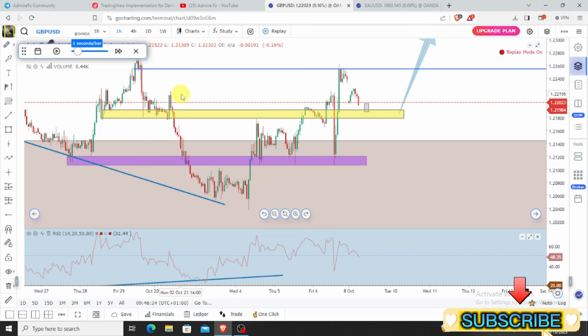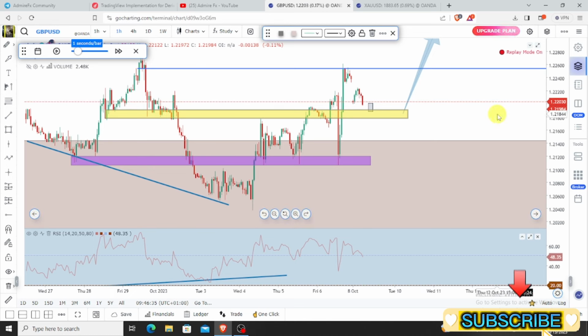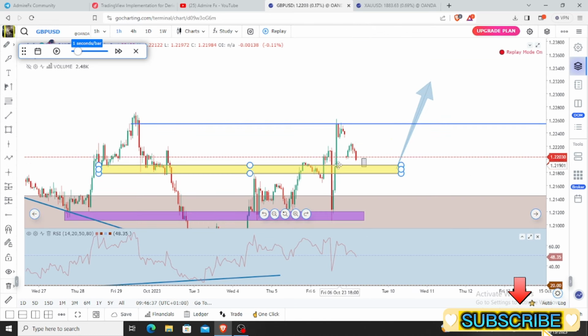So next thing was to just wait for price to open, market open on Monday or Tuesday, whenever, however long you want to take price to come into this area. Okay, that's why trading is all about patience. You have to be patient for price to come to you. It's not because you feel price should buy or sell from your area, or it's close to where your area is, that you start making entries.